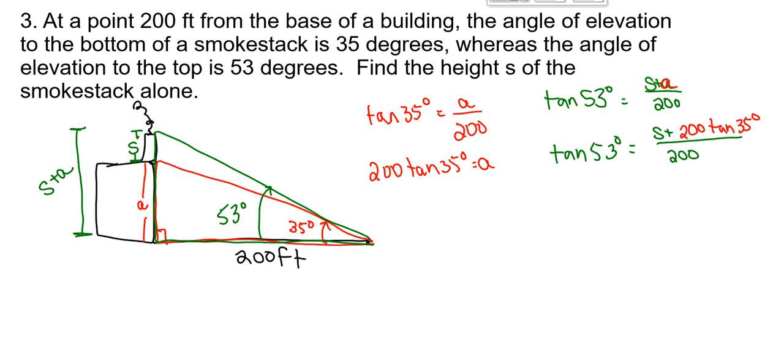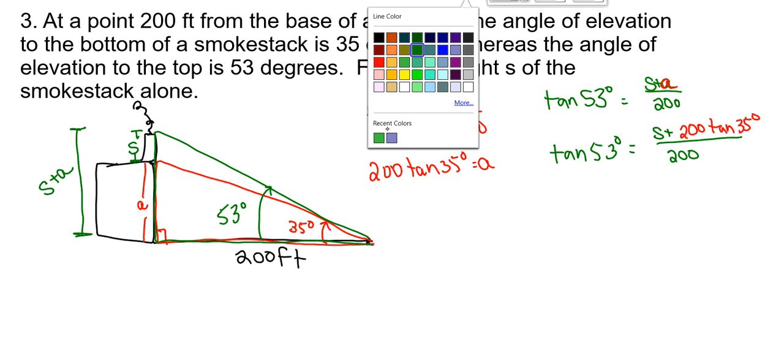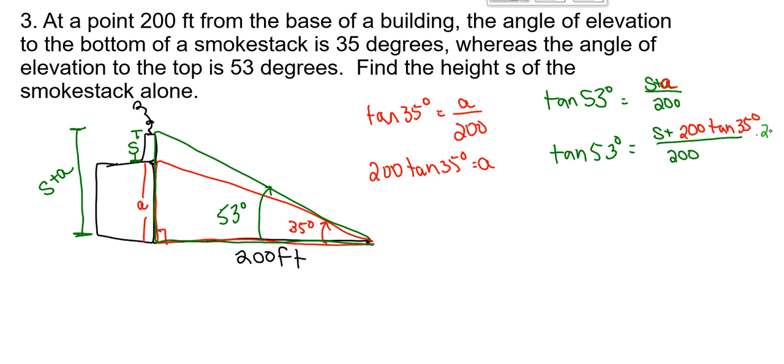First thing I'm going to do is multiply both sides by 200 just to get rid of that fraction. I could have gone about this in a little different way as well, but that'll give me 200 tangent 53 degrees equals S plus 200 tangent 35 degrees, and I want to get S alone, so I'm just going to subtract that.